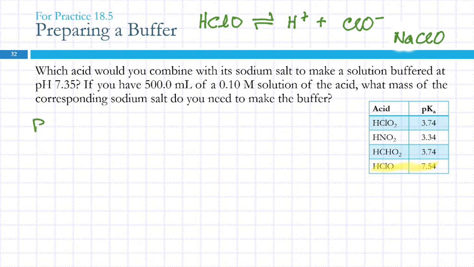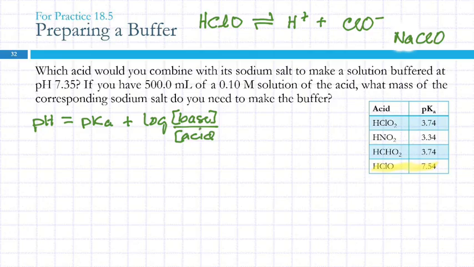We can start out using the Henderson-Hasselbalch equation to figure this out. So the pH that we want is 7.35. The pKa for this acid is 7.54. Okay? Plus the log of these two concentrations.